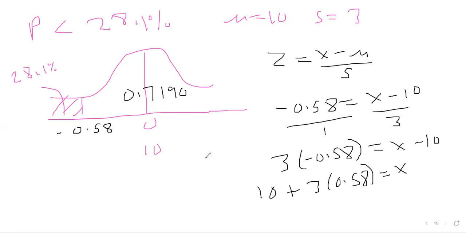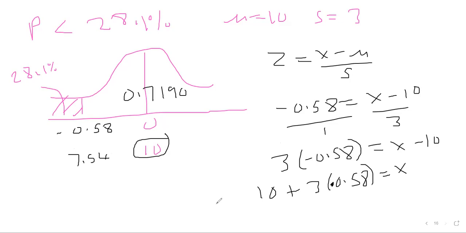No, it can't be 11, it should be less than 10. So this is a negative. This one just came to add. So it should be less than 10. So 10 plus 3 times negative 0.58. Is it 7.54? Yes, 7.54.